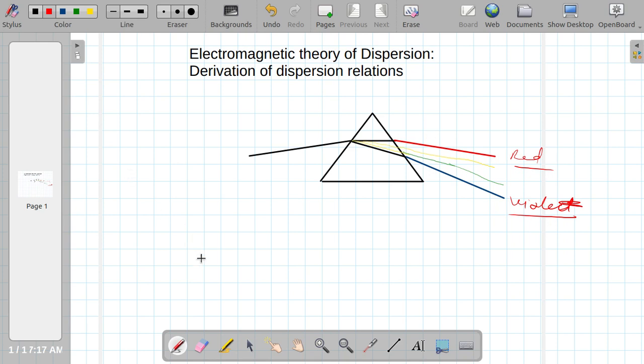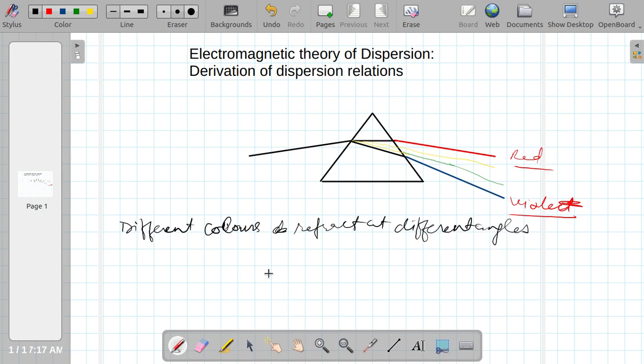Or if I talk in terms of words, what dispersion is doing, we can say that different colors refract at different angles, and we call this dispersion.